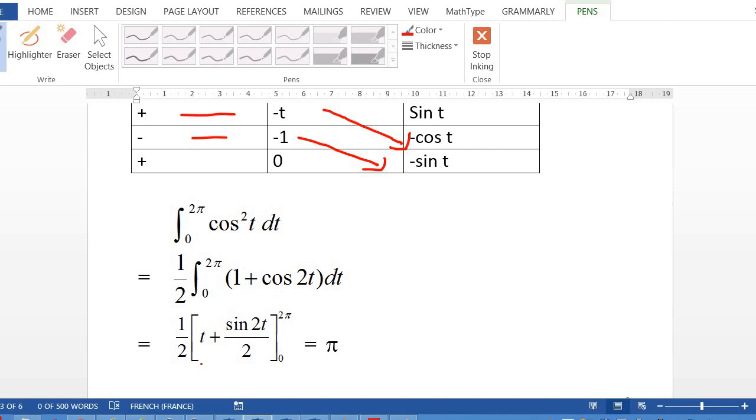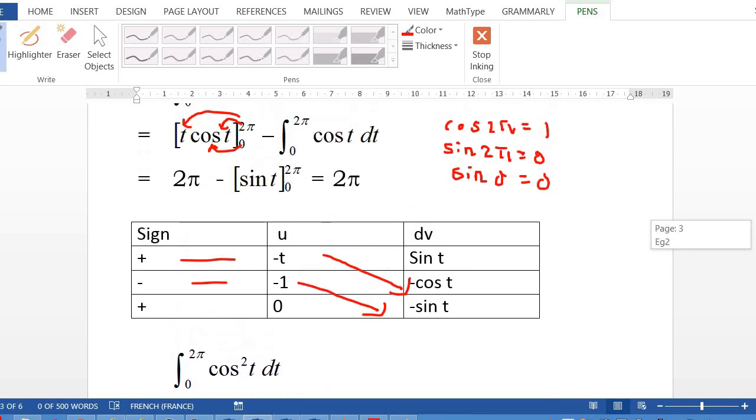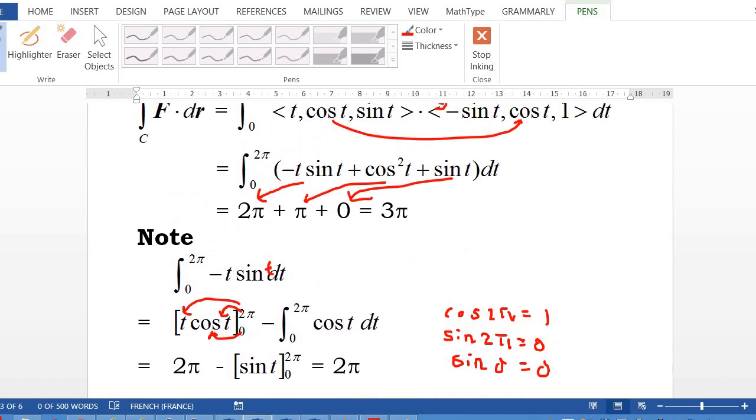Integrate 1 we get t, integrate cos 2t we get sin 2t divided by 2. Plug in the limits from 0 to 2 pi. Sin 4 pi is 0, and plugging in 0 for both t and sin 2t gives 0. That's why you get 2 pi divided by 2, which is pi. This is the second result, pi.